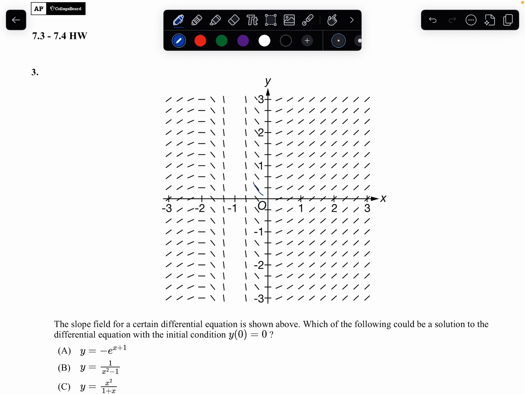And it looks like there's a vertical tangent or something like at -1 or something. So I actually think that it might look something like this right here. It's going to be 0. And then I think it's going to just go something like that.